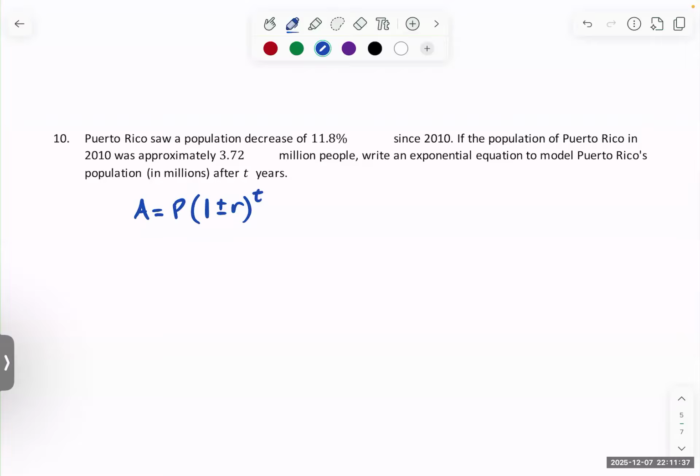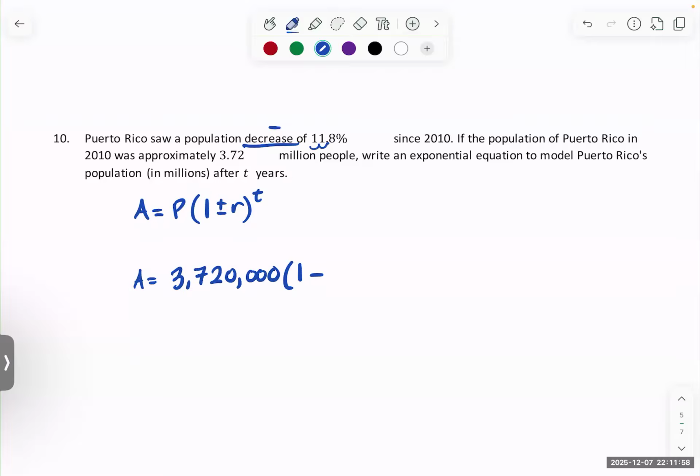So this is just equal to the population equals the starting amount, which is 3,720,000 times 1 minus, since this is a decrease, it has to be subtraction.